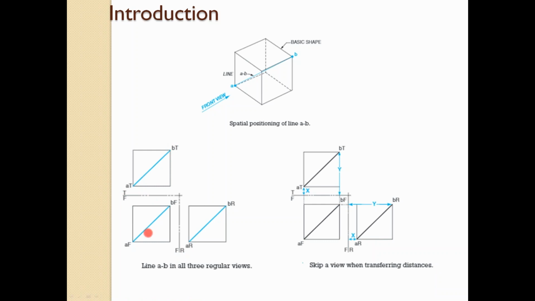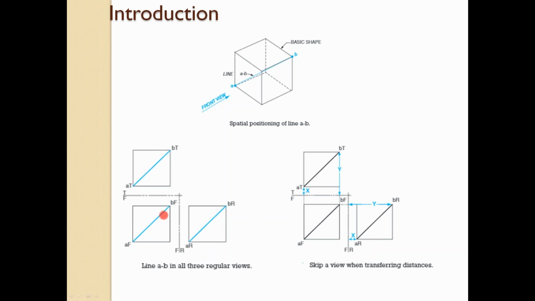When you get to the front view, you project this down. You call it still the A point, but this point here is A at the front view, B at the front view. And this is your A at the right side view, B at the right side view.